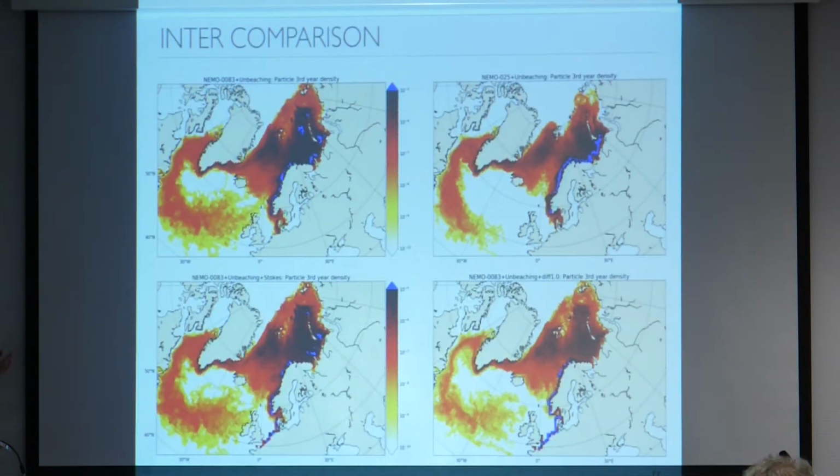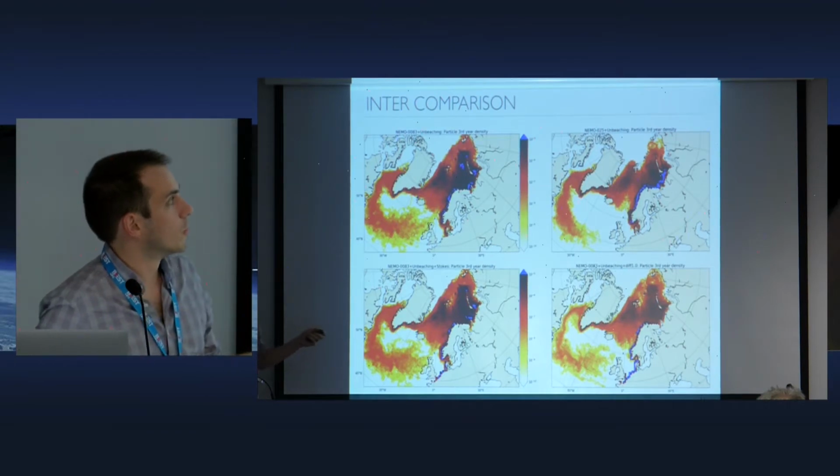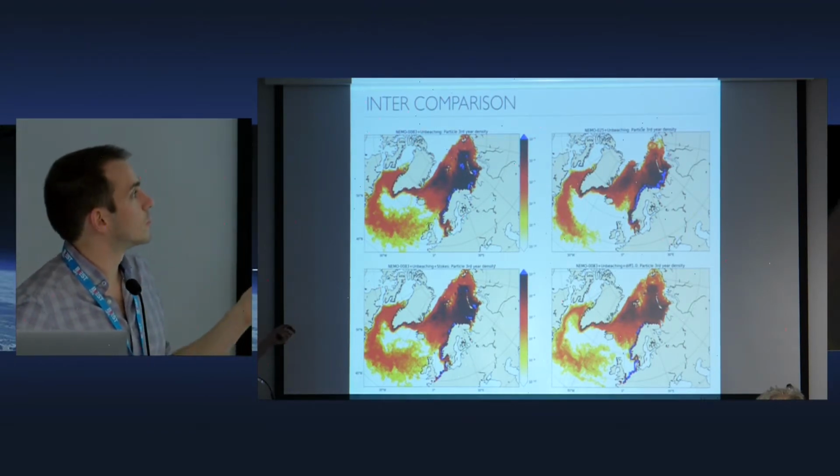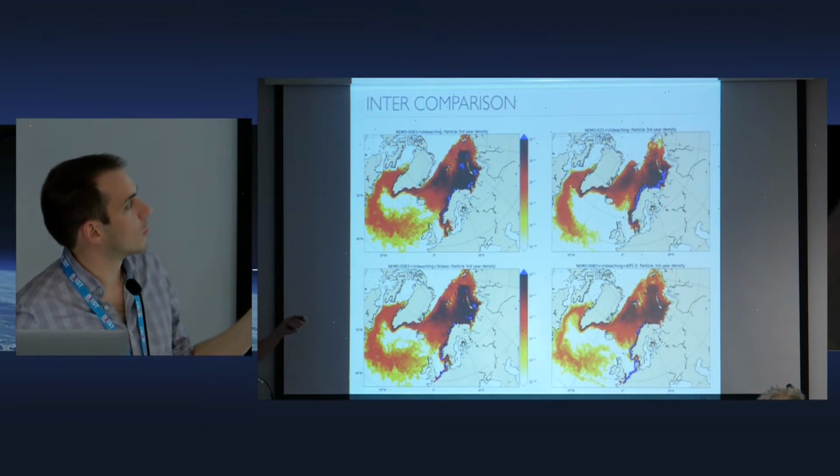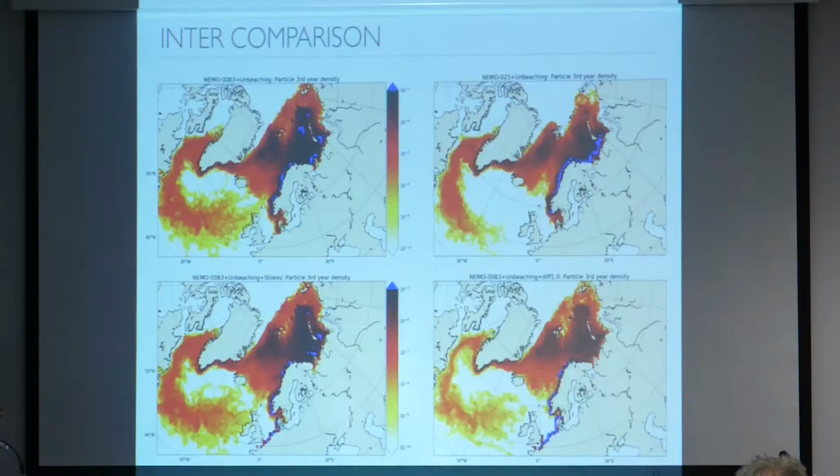All right, so now let's compare the different processes. The first one is the run we've already seen, the Nemo run. Then we can compare with another Nemo run, with the same physics, but instead of 1/12 degree, we have 1/4 degree resolution. This comparison is interesting to see the importance of the resolution, because the SKIM resolution is not fixed yet, right?